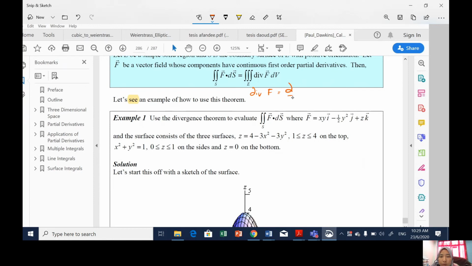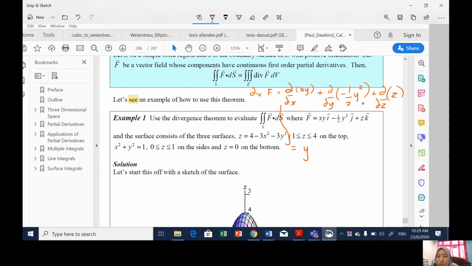So we have to evaluate the partial derivative of xy with respect to x, plus the partial derivative with respect to y of negative half y squared, plus the partial derivative with respect to z of z. Differentiating the first with respect to x, we have y.